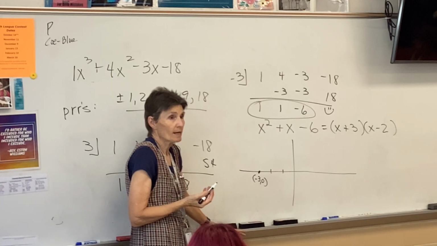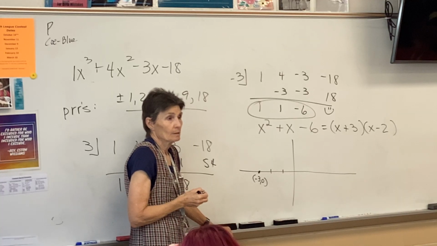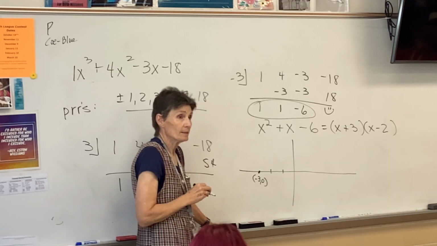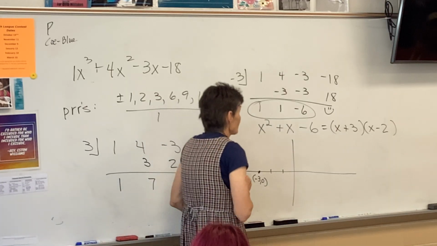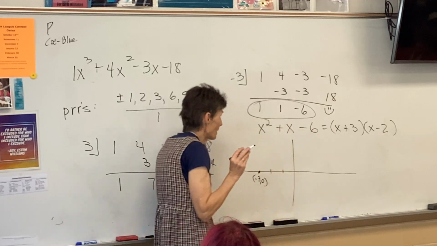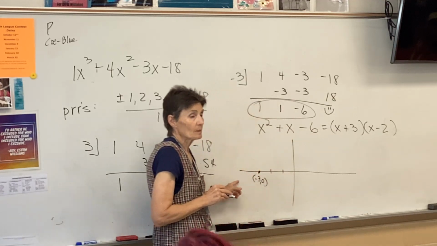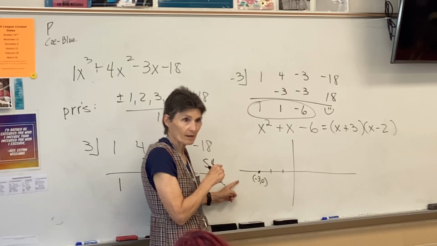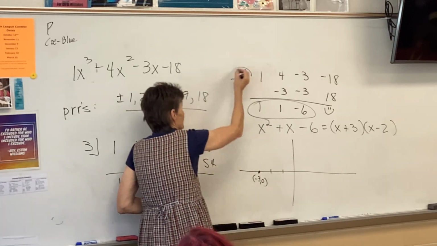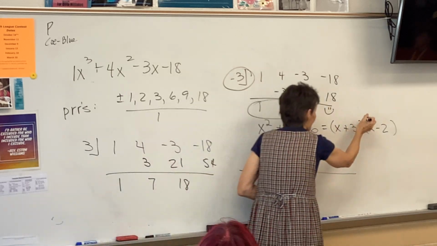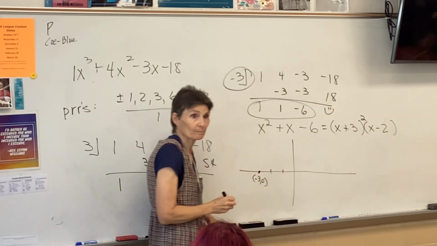Can I double check that if I want to know for sure? Yes. I foiled it right. That's how I double check it. I think it's right. So what does that mean? Uh-oh, wait a second, time out. This would mean I had a dot at -3, but wait a minute, I already have a dot there because of the number that I guessed. So that means that factor is squared? Yeah.